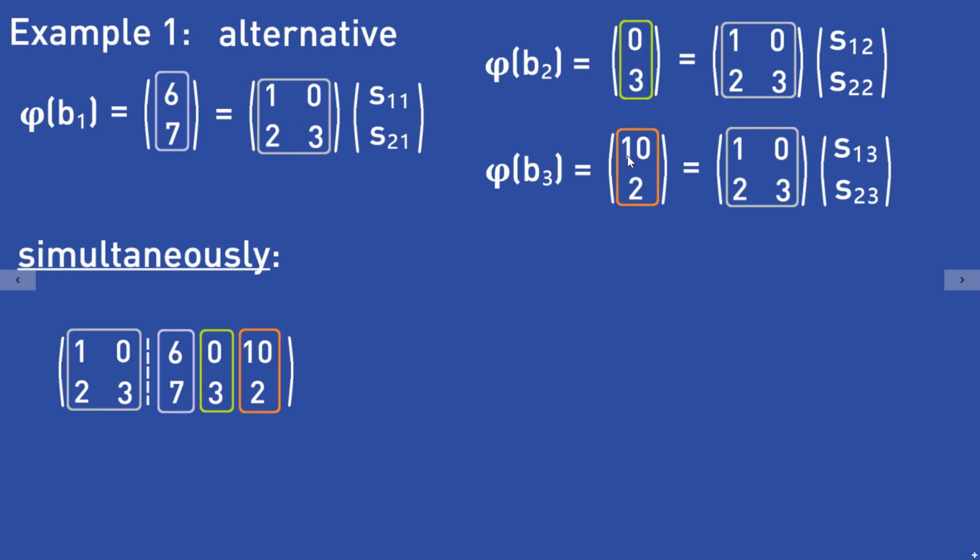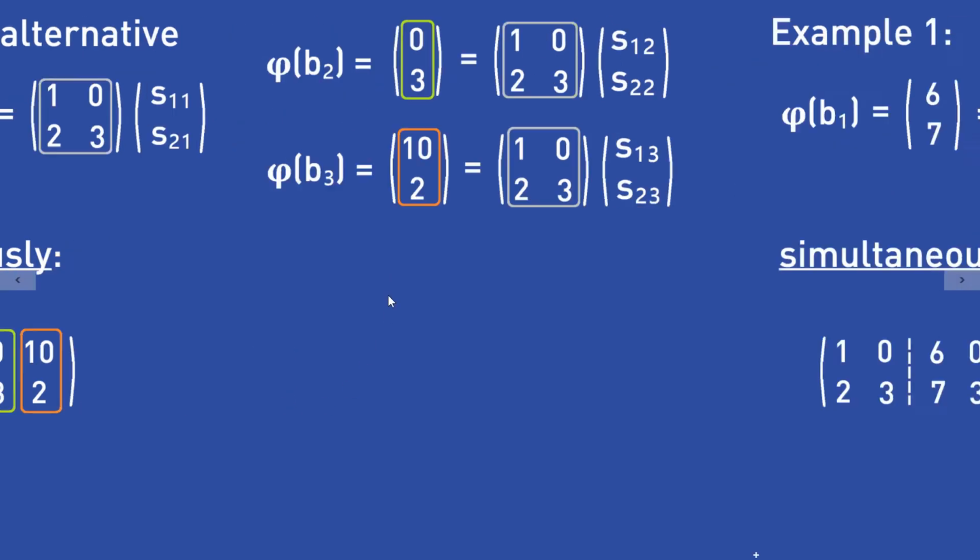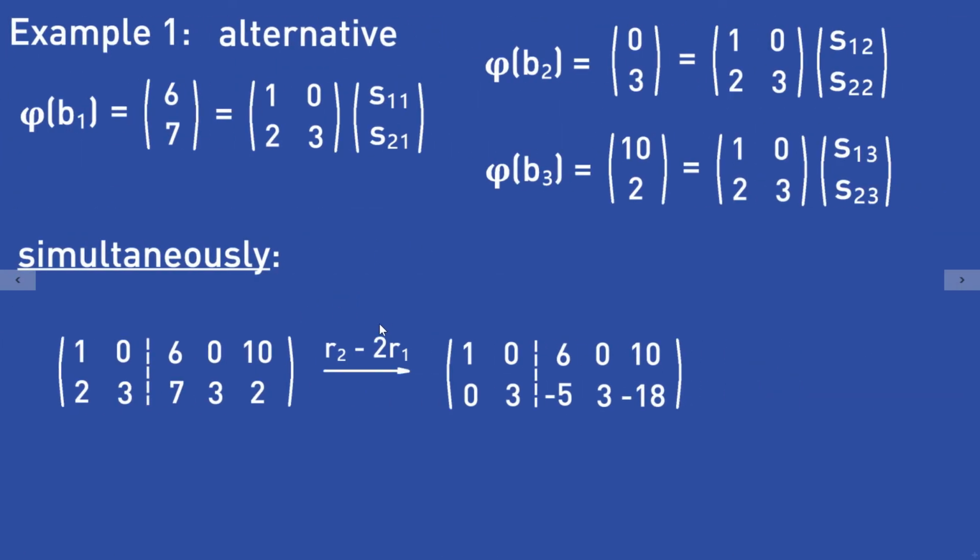Now we have to transform this matrix here on the left to the unit matrix by using elementary row transformations. This is done the following way. So first of all, we subtract 2 times the first row from the second row. So we get that here.